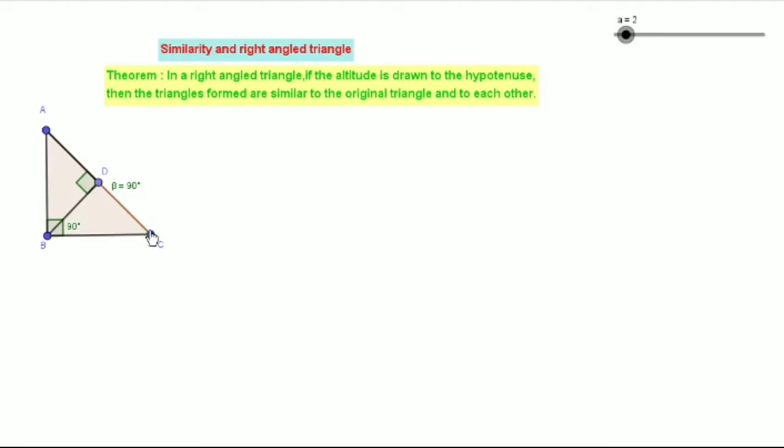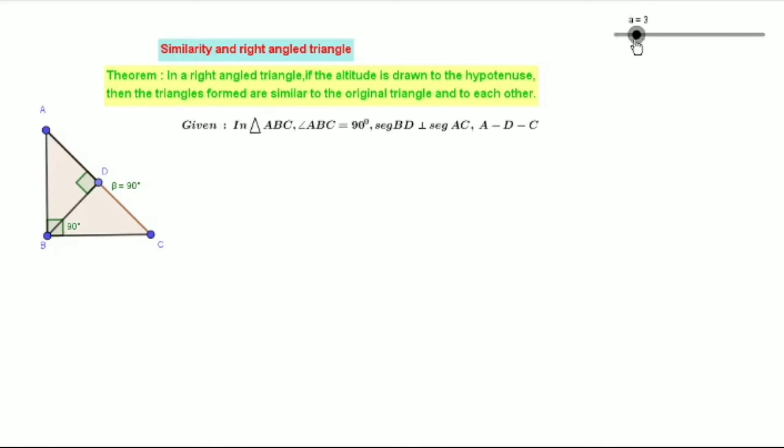Now according to the theorem, we have to prove that these two triangles, triangle ADB and triangle BDC, are similar to the original triangle, that is triangle ADB is similar to triangle ABC and triangle BDC is similar to triangle ABC. This we have to prove.